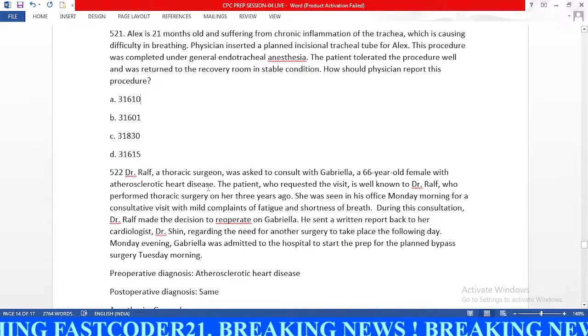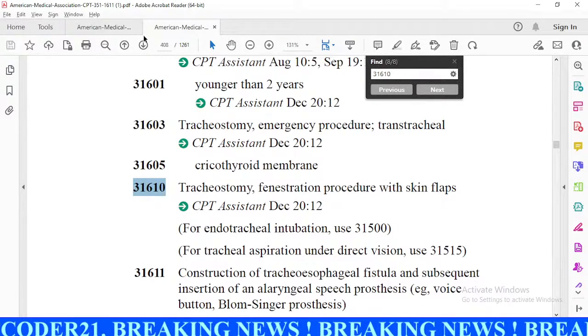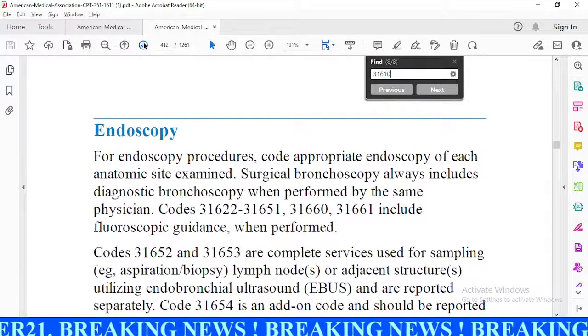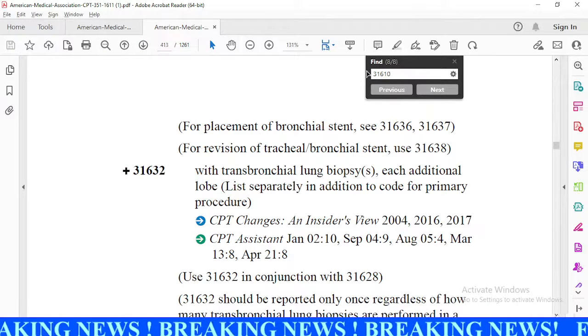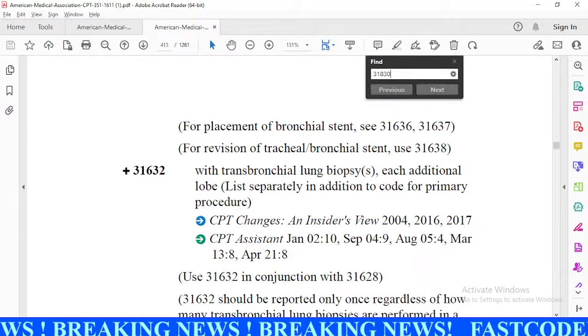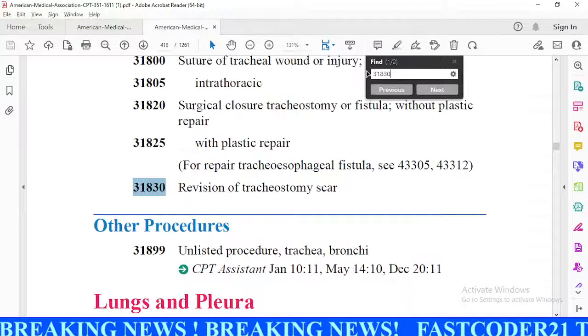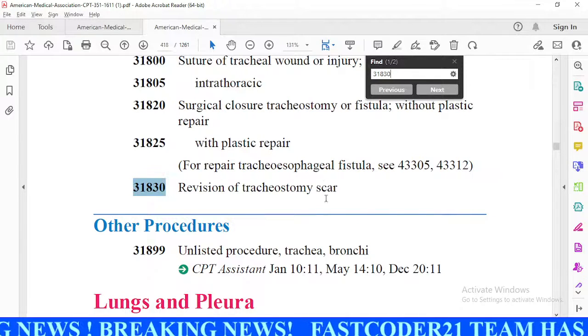Next one, 31830. What is 31830? This is revision of tracheostomy scar.